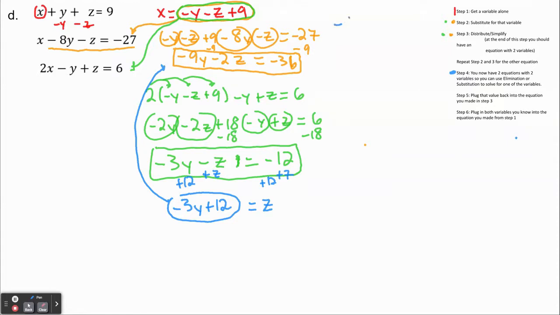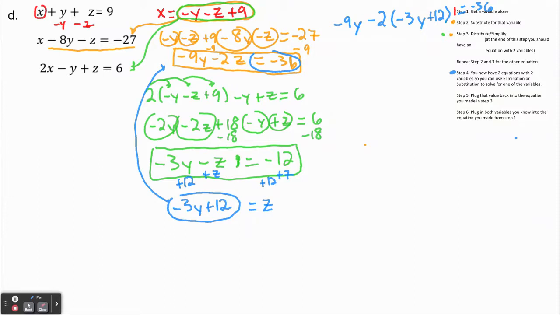So I leave negative 9y. Now I'm going to plug in z, which is from my equation negative 3y plus 12. Oops, running out of room here. And then all of that is equal to negative 36. Sorry about that. Again, I'm trying to keep this neat, but it's a lot of steps and not a lot of room.